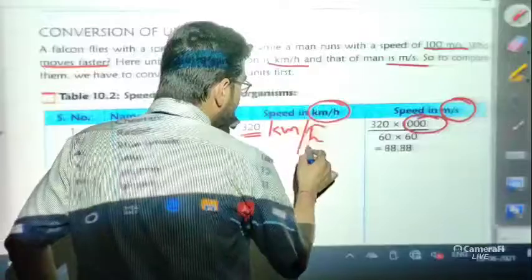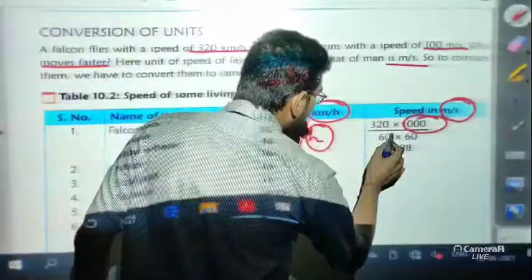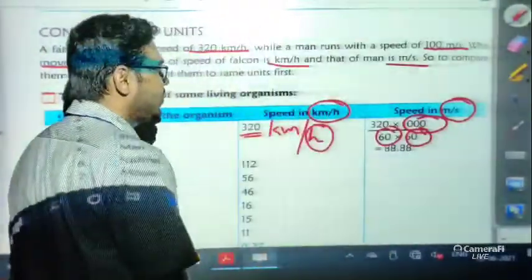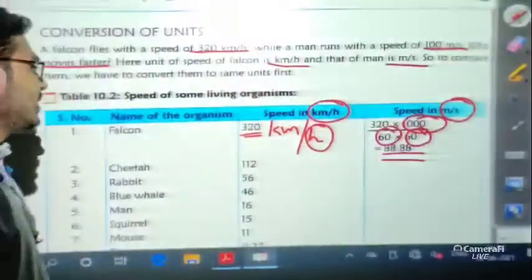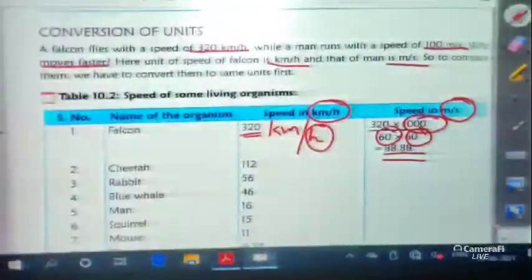And you have to convert hour into second. 1 hour is equal to 60 minutes and 1 minute is equal to 60 seconds. So this will be your calculation and you will get the answer. This is the process to convert speed in kilometer per hour into meter per second.